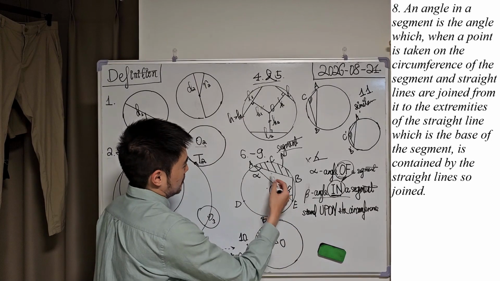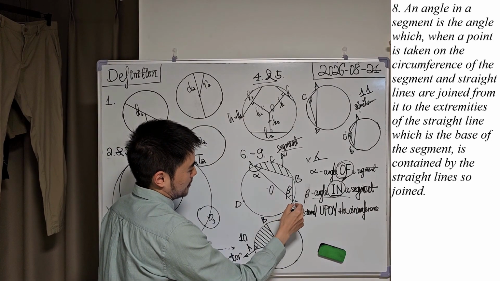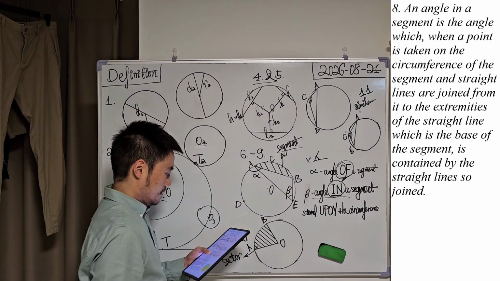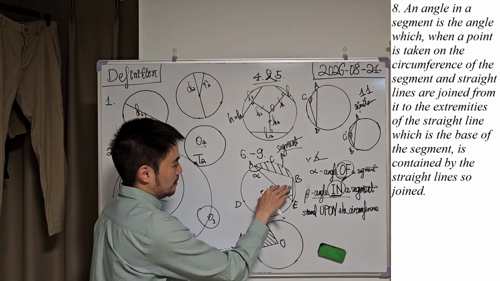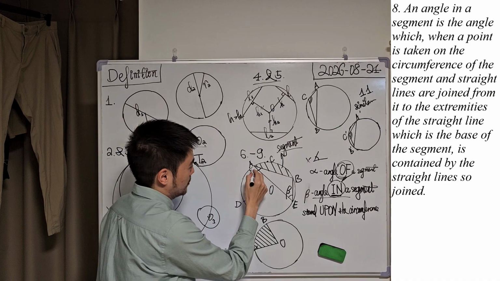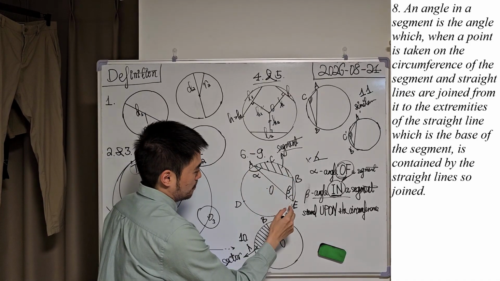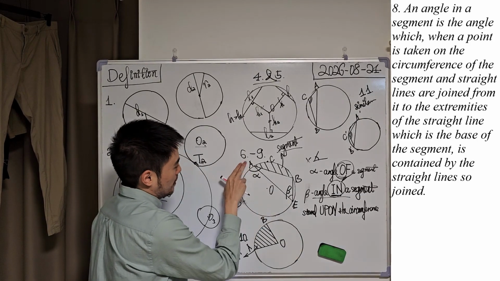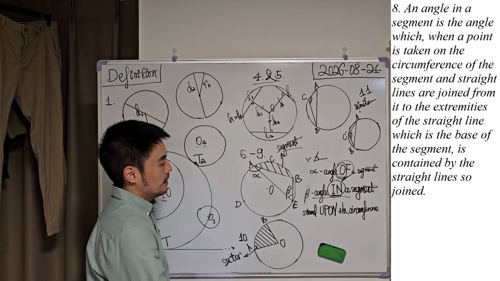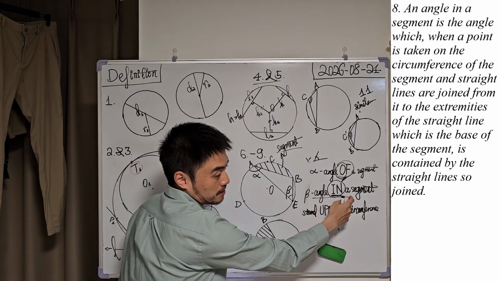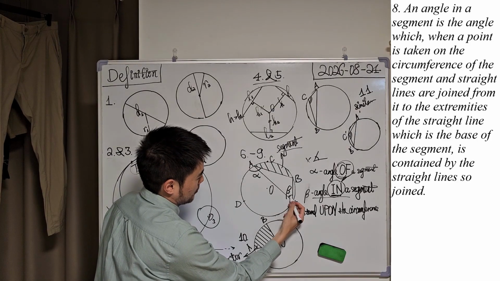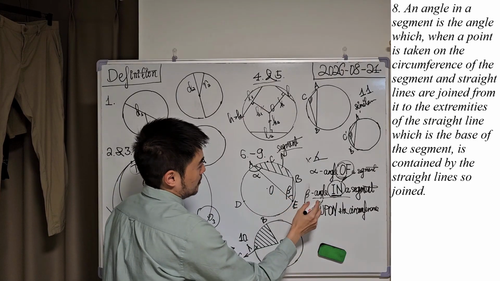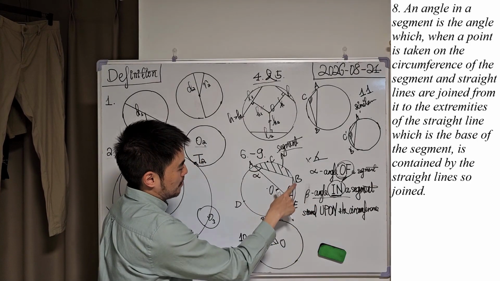So for example, we randomly take point E here on the circumference ADB, and the straight lines are joined from the extremities of the straight line, which are A and B, to the randomly taken point E. Which means we are joining AE and BE respectively, and the angle in a segment is defined as the angle contained by those two straight lines we have just drawn, okay? So this is a rectilinear angle, okay? It is contained by two straight lines.